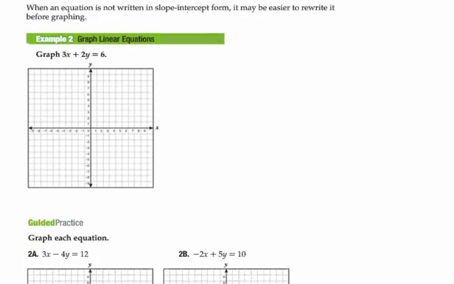All right, looking at this next example, it says when an equation is not written in slope-intercept form, it may be easier to rewrite it before graphing. Notice how it says may be easier. Again, there's many different ways to graph equations. We need to start getting used to looking at what kind of form it's in and the easiest way to graph this. Notice that this is actually written in standard form. This goes back to one of the very first times that we actually ended up graphing.